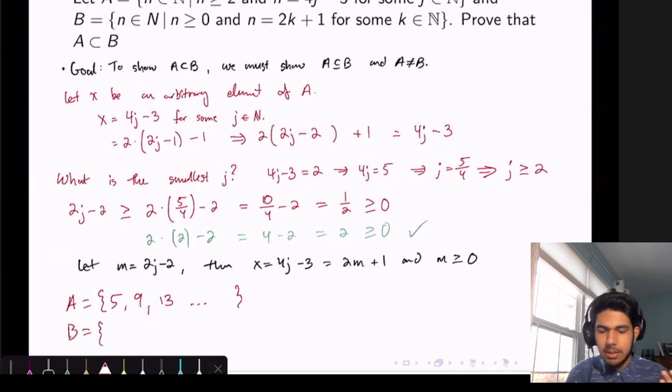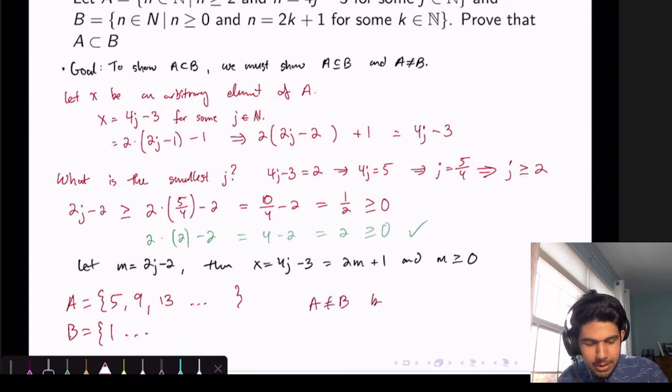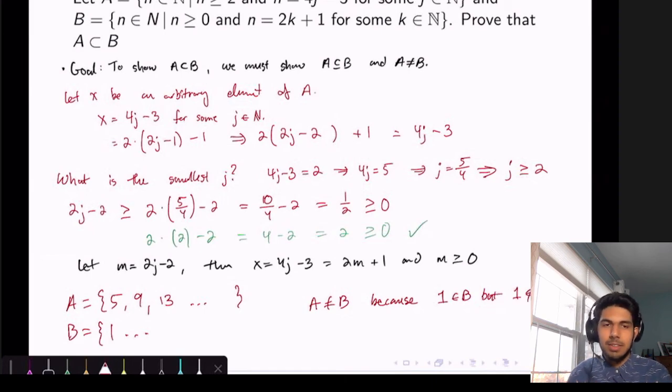So for B, k comes from the natural numbers, so when k is 0, we get 2 times 0 plus 1, so n equals 1, and n has to be greater than or equal to 0, so indeed 1 is included within B. And we can just stop there, and we can say A does not equal B because 1 is in B, but 1 is not within A. So now we've shown that they're not equal to each other, and A is a subset of B, so A must be a proper subset of B.